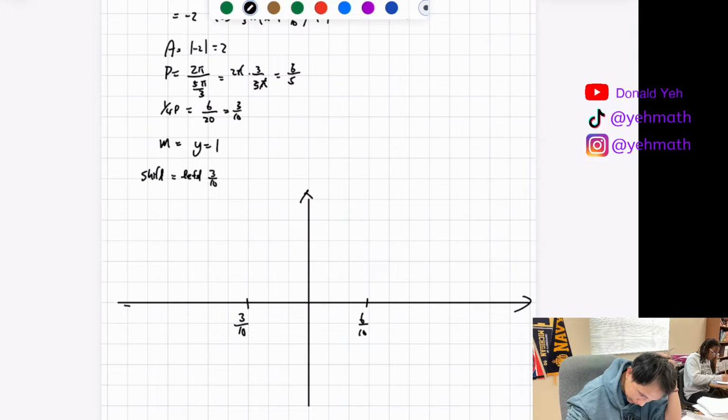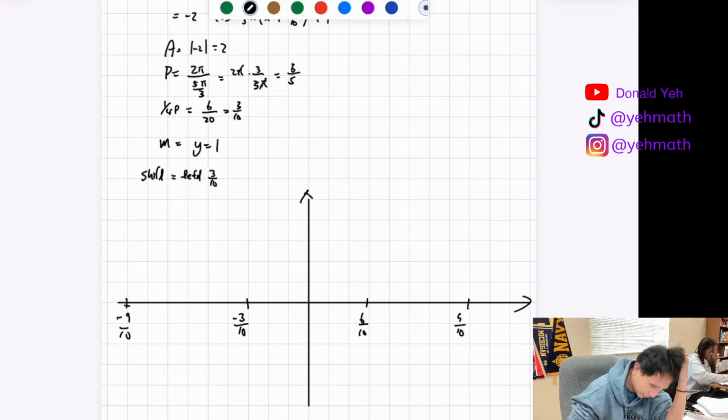And because this is 3 spaces, this is 9 over 10. And this one is going to be -9 over 10. I'm still missing one space, but that's okay, unless I can change the scale smaller, like for the quarter periods here, the 3 over 10. Oh yeah, so I have enough points. So that's going to be negative 6 over 10.